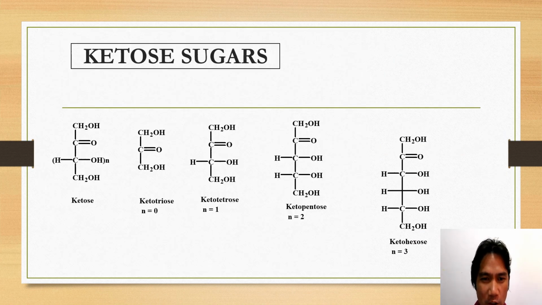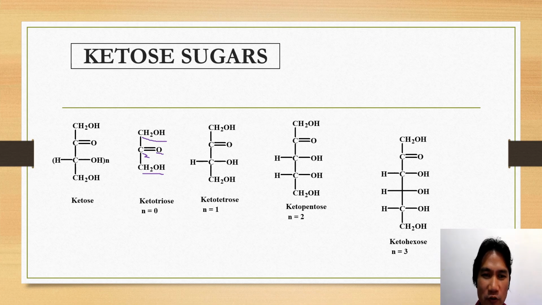For keto sugars, the same principle applies. However, for a ketotriose, we see that there is no chiral center because the second carbon is connected to only 3 different groups, unlike in glyceraldehyde earlier, where there are 4 different groups.